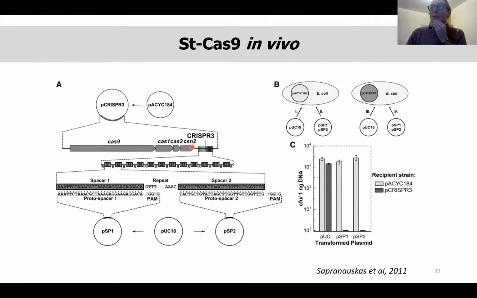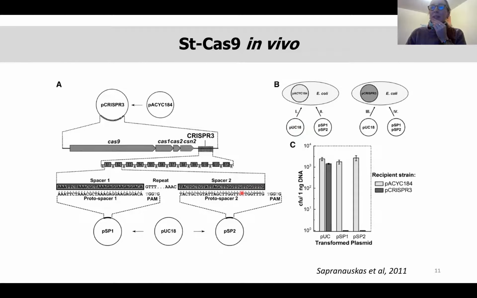But at first, scientists took a plasmid that contains a spacer, and also the whole CRISPR region, and checked whether the plasmid containing the spacer gets the same transformation efficiency as the plasmid without the spacer.